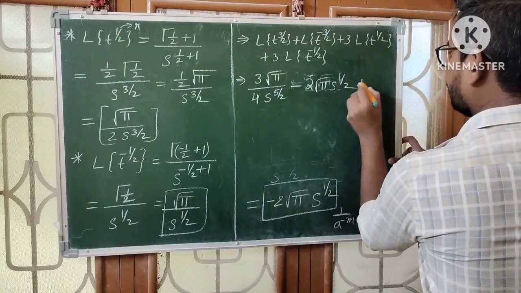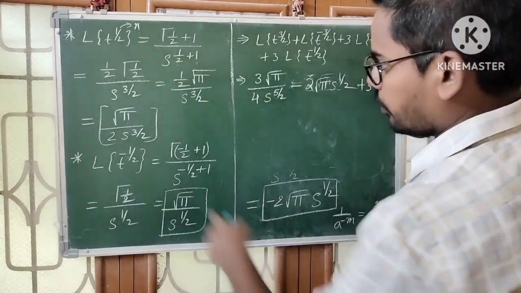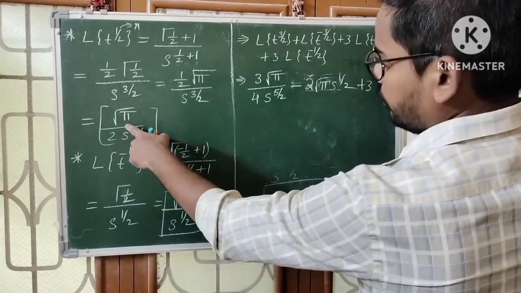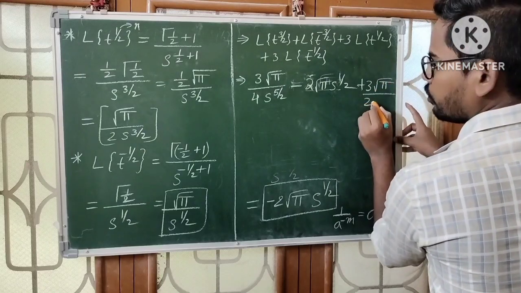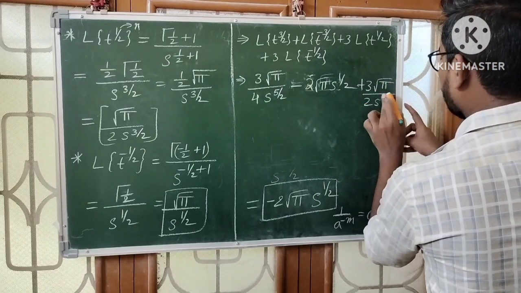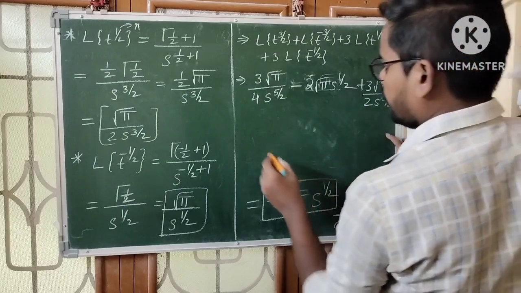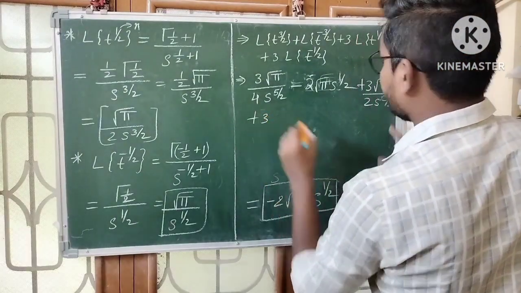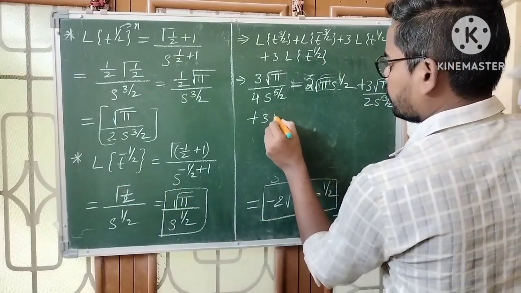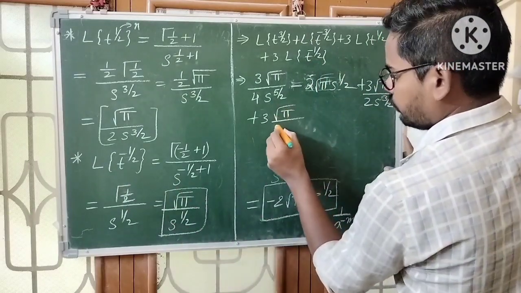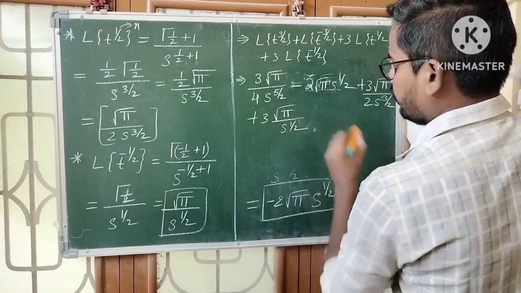Next plus 3 into Laplace transform of t power 1 by 2, root pi by 2 s power 3 by 2. At last plus 3 into Laplace transform of t power minus 1 by 2. What is the value? Root pi by s power 1 by 2.